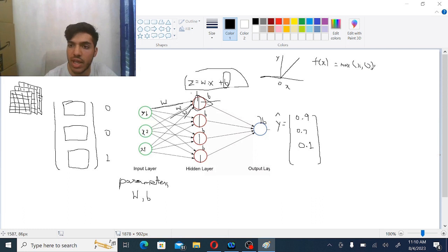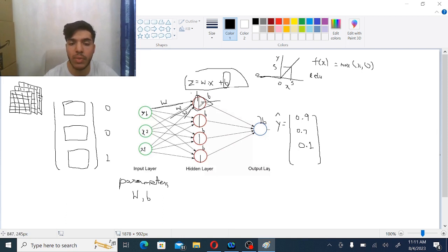What this means is that if we give it an input of any positive number greater than 0, we're going to get back an output of the same number. For example, if I give an input of 5, I should get back an output of 5. If I give it a negative number as input that's less than 0, I'm going to get back an output of 0. Okay, that's the ReLU activation function that's used in the hidden layer.